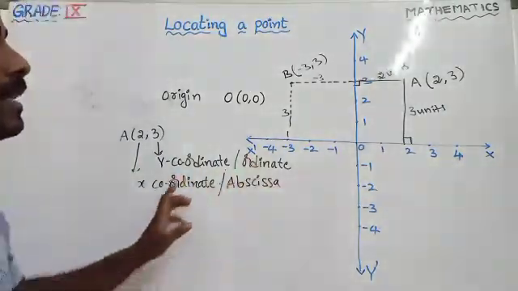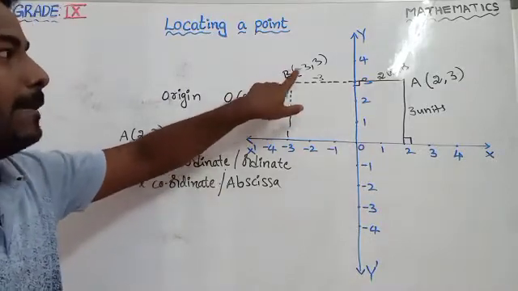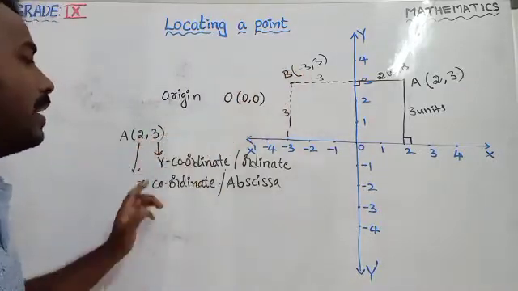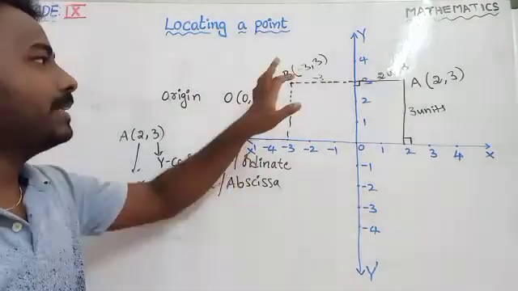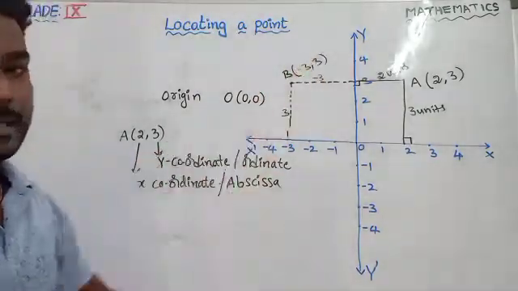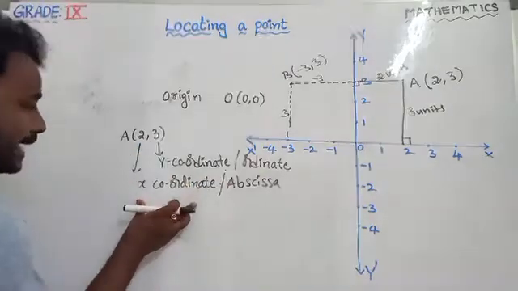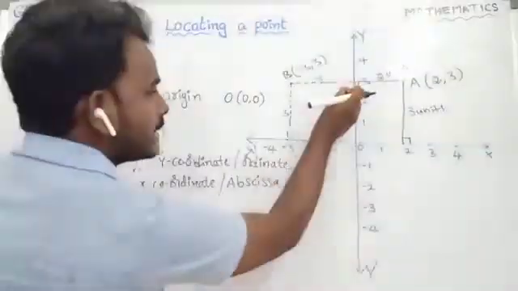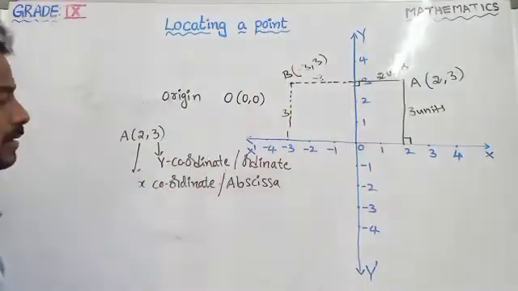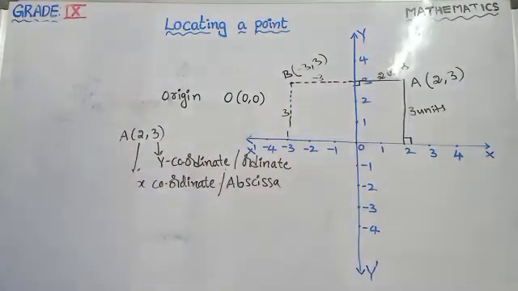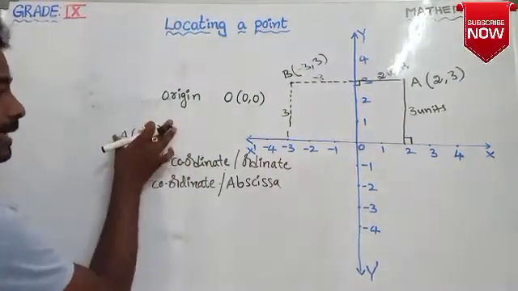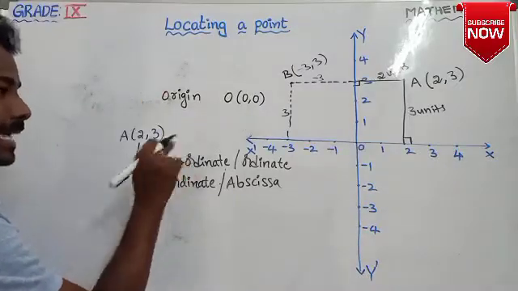What is the abscissa of this point B? It is -3. What is the y coordinate or ordinate of point B? 3 is the ordinate. So the x coordinate is nothing but the perpendicular distance of the point from the y-axis, and the y coordinate is nothing but the perpendicular distance of the point from the x-axis.